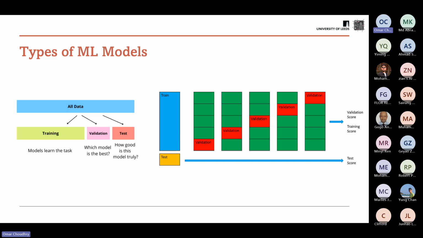So we use our data to train and test, trying to maximize that average validation score so that we know how well our model performs on different groups, on different parts of the data. And then you take the very best model at the very end, put it against the test set, and see how good your final model performs.